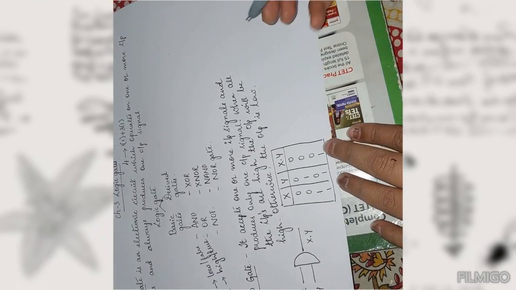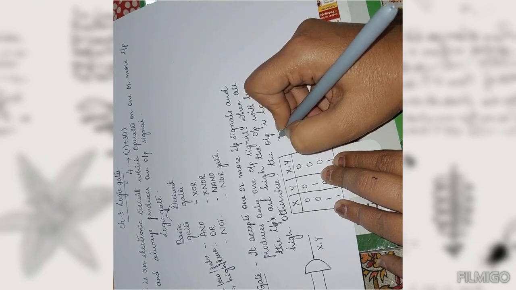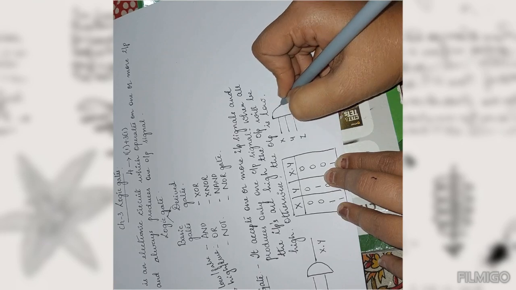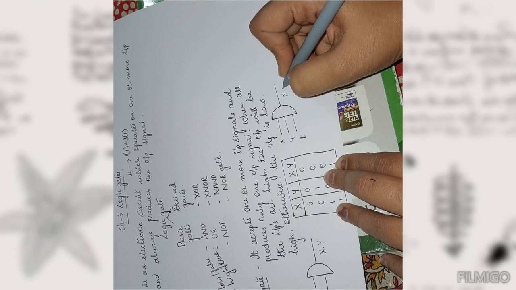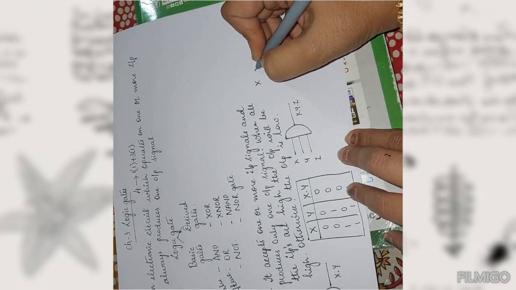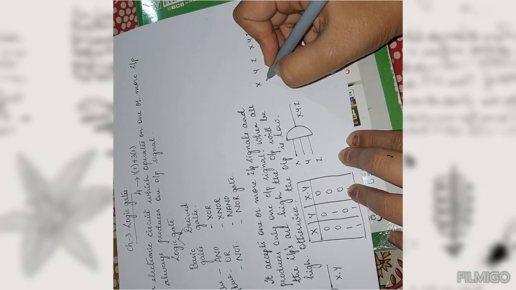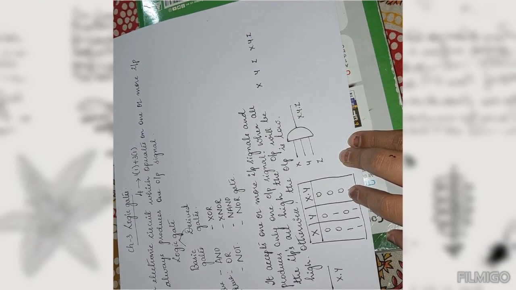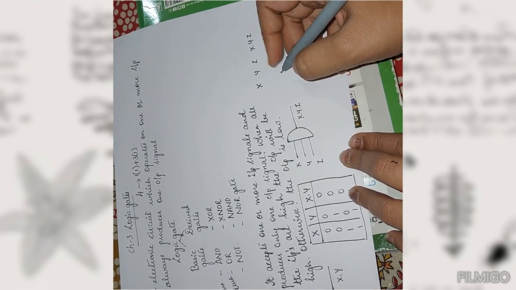When it has 3 input signals, the logic symbol has 3 input signals, X, Y and Z, and the output is X into Y into Z. So when we have 3 input signals, the possible combinations of inputs are 8, since 2 power 3 is 8.